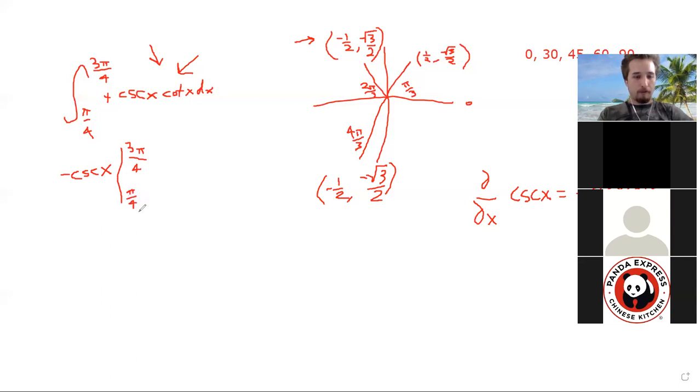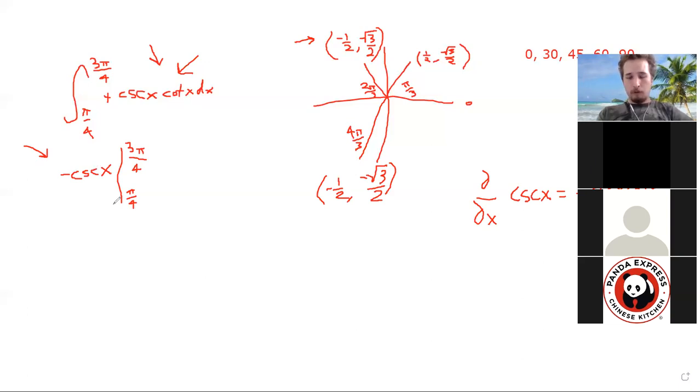Okay, so this is where we don't have to memorize all 6 trig functions. Can we get this in a form that is only sine or cosine? Can we simplify this so that we don't have to bother with cosecant?